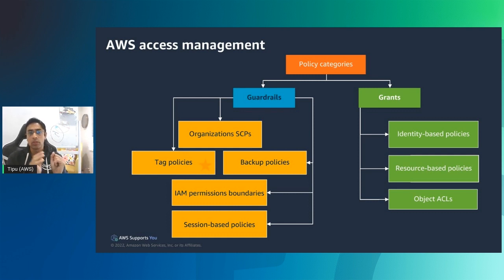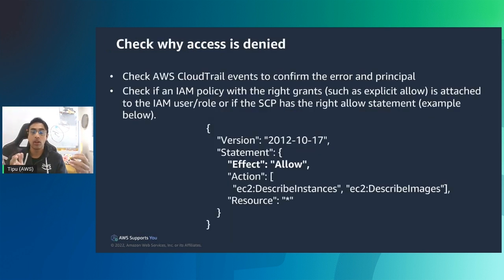However, in order for a principal to do something, we have to do grants, right? And grants come in the form of identity-based policies, resource-based policies, and object ACLs. And now, in order for any principal to be able to take an action, they must, one, not go against the guardrail and also have a grant.